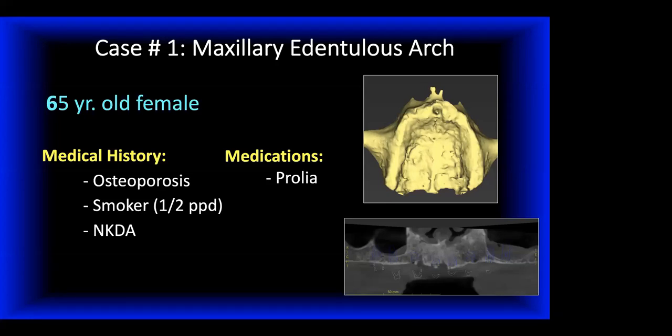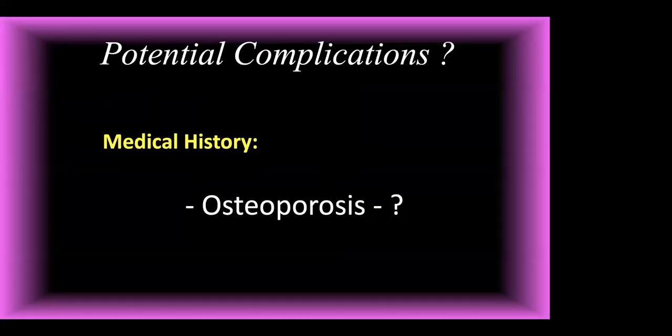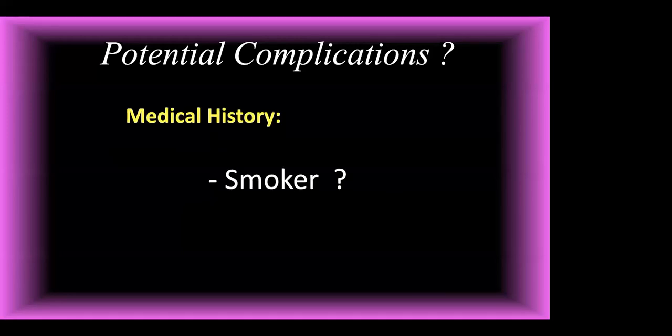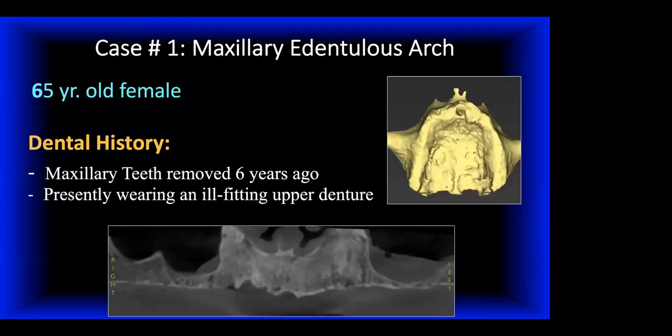So we have an edentulous maxilla. Right off the bat, I always look at the medical history first, and let's see how any positive findings on the medical history could impact our treatment planning and treatment of this patient. One is osteoporosis, which is something that we need to look at, and also the patient's a smoker.